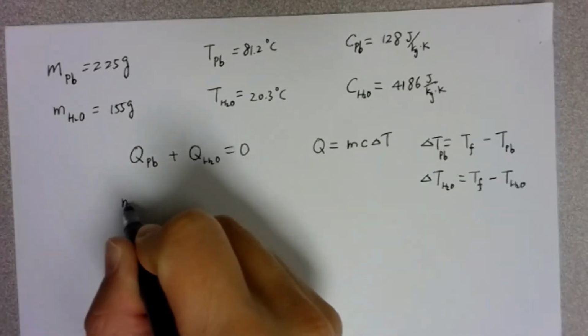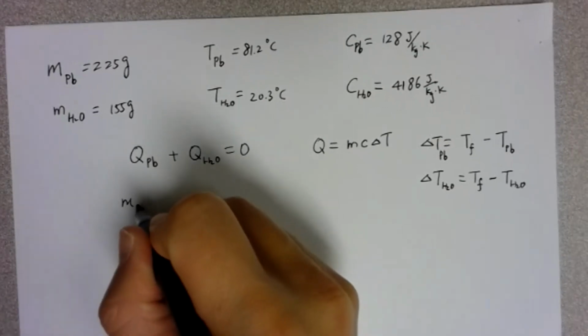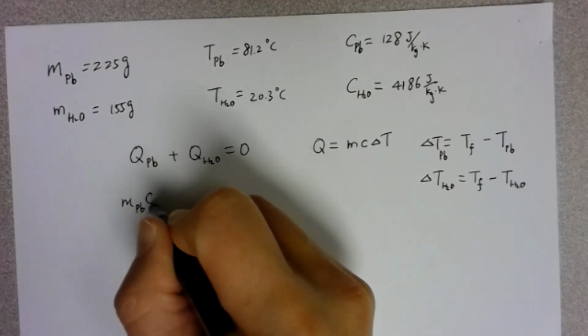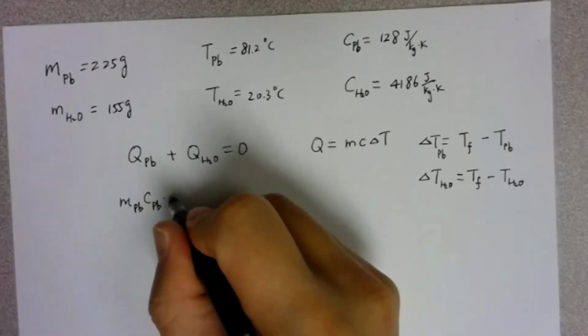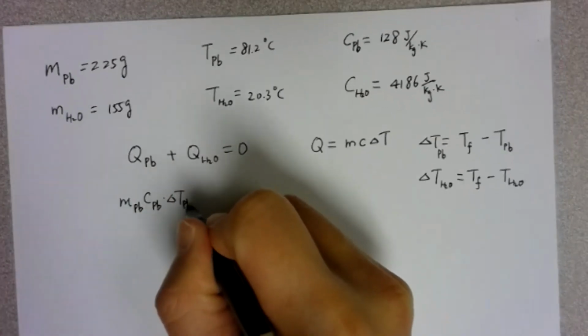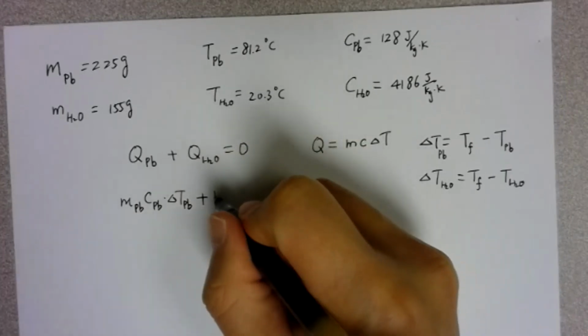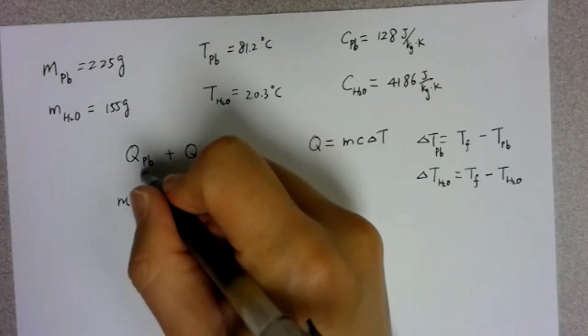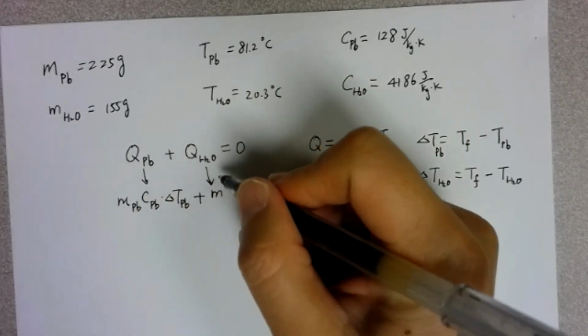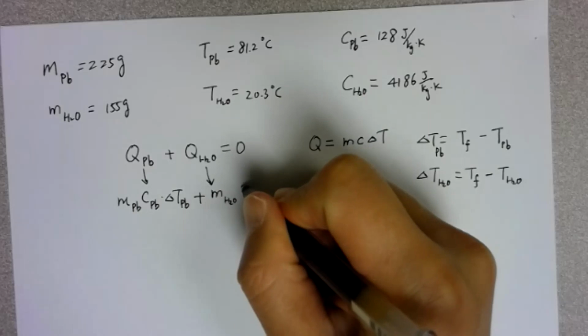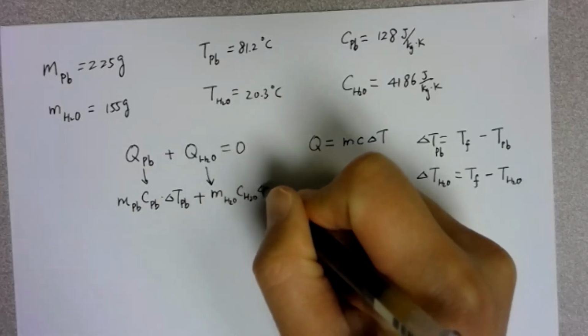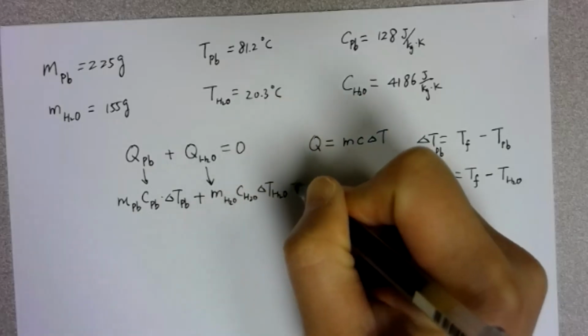QPb will be the mass of Pb times C of Pb times delta T of Pb, plus this guy. For the heat of water, we'll be doing mass of water, C of water, and then delta T of water, so that goes to 0.